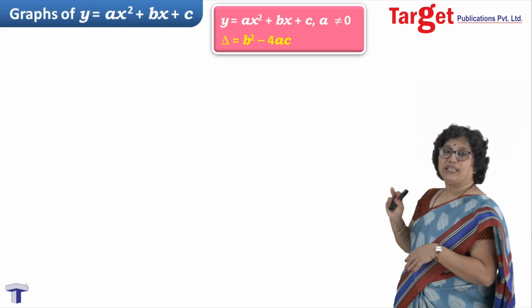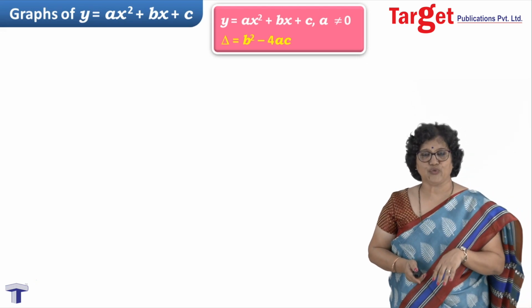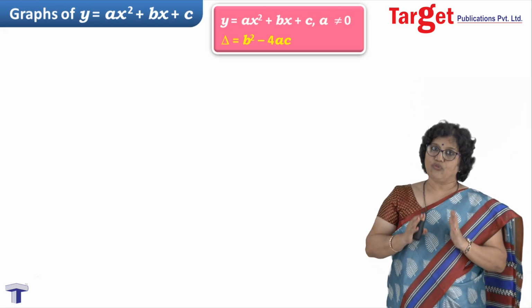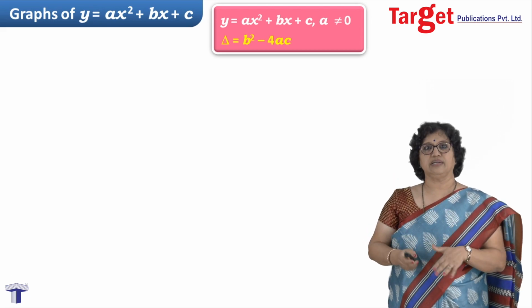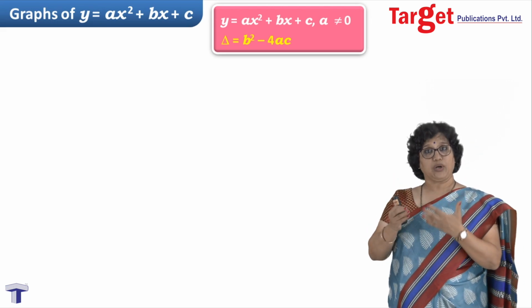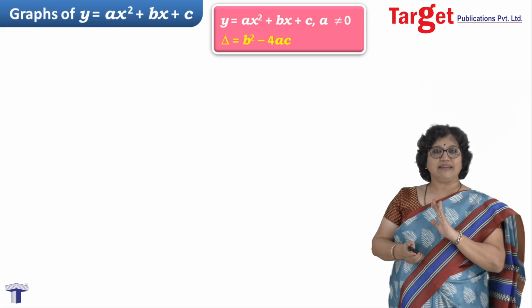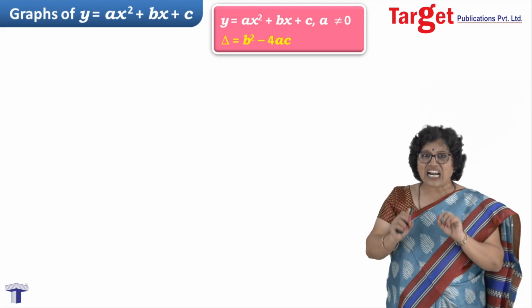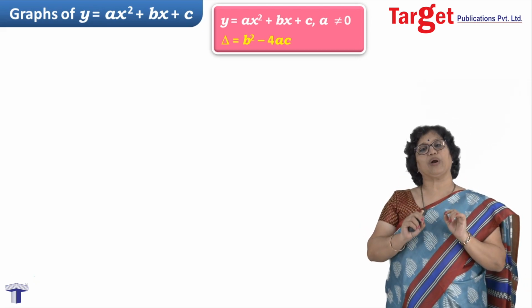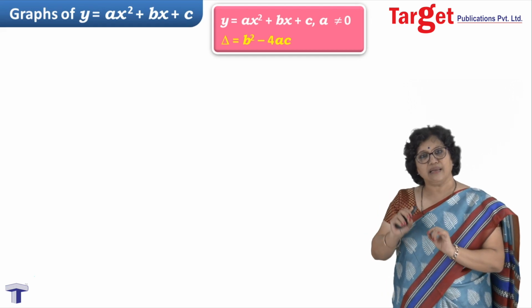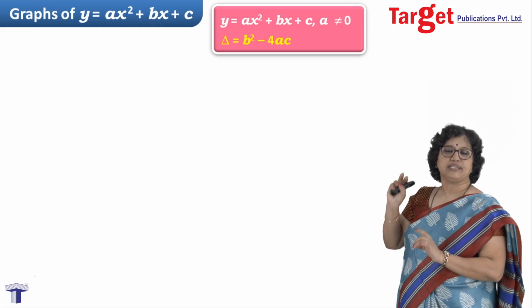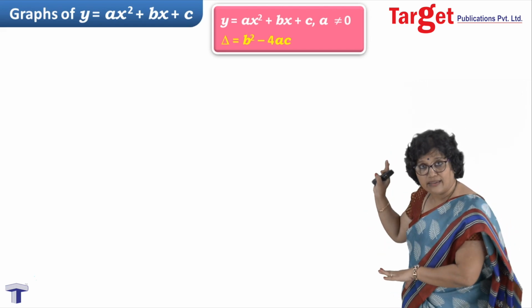So I write the discriminant as delta, which is b square minus 4ac. Now when we go for quadratic equations, that time you will understand more the importance of delta. But right now I can tell you that the heart of a quadratic expression or quadratic equation lies in the discriminant, and that is b square minus 4ac. And that is why I have already written it there at the top.